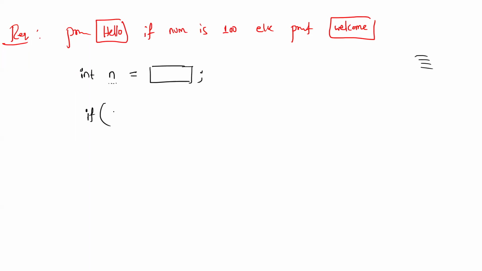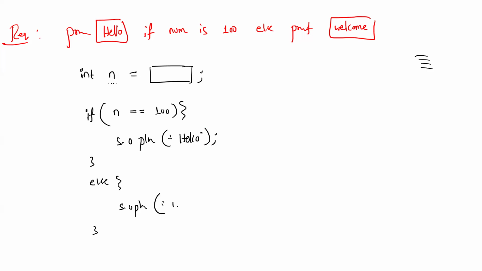A boolean expression: n, or num, double equals 100. Then what is the body? Print hello. Then do we have any alternate? That's why the else block. Any condition? No condition. In the else block, what should we write? Print welcome. That's it.